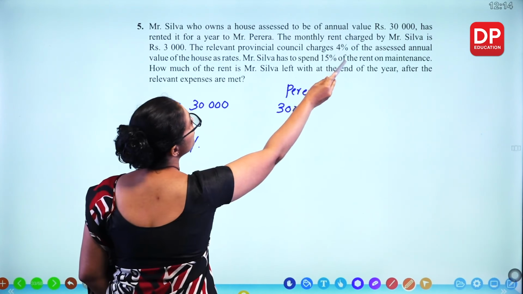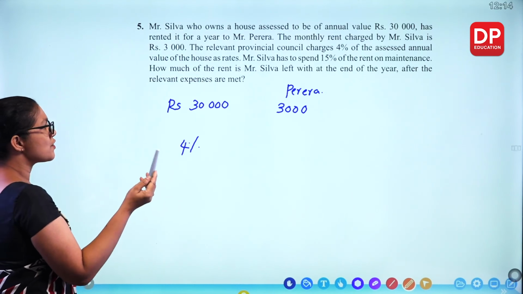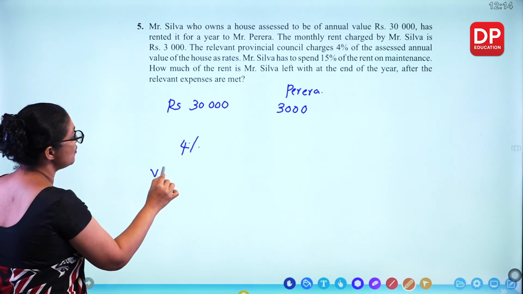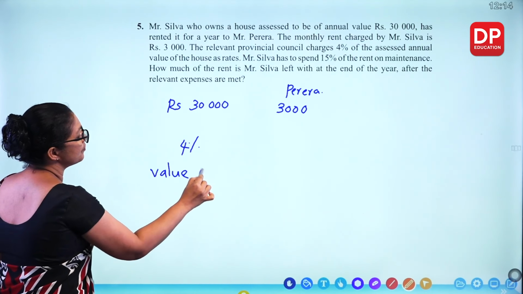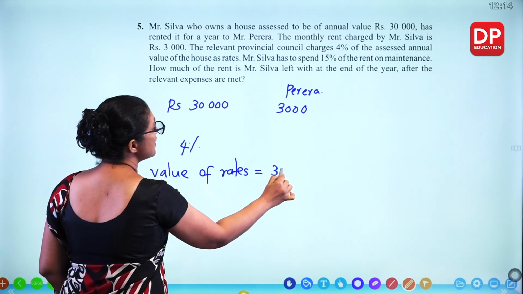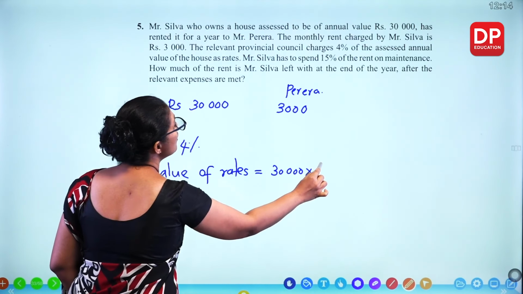So for the 4% tax as the rates, first we will calculate the value of the rates. 30,000 into 4%. 1,200.